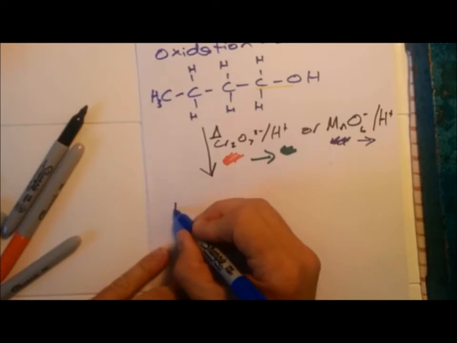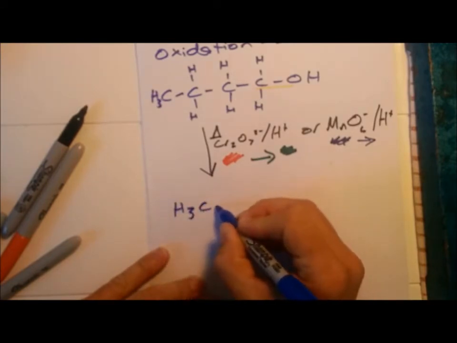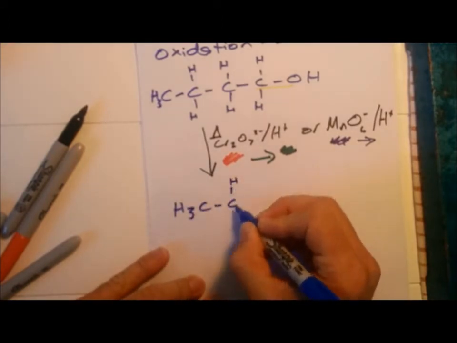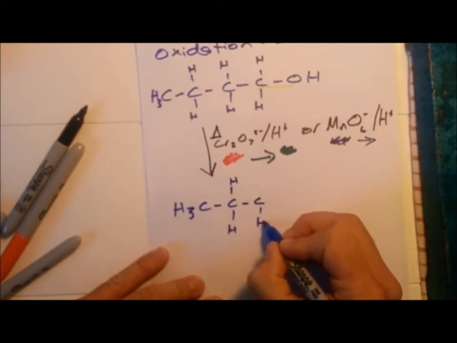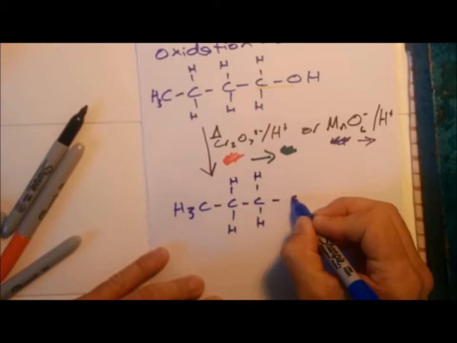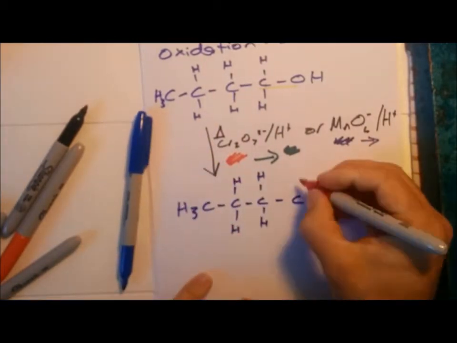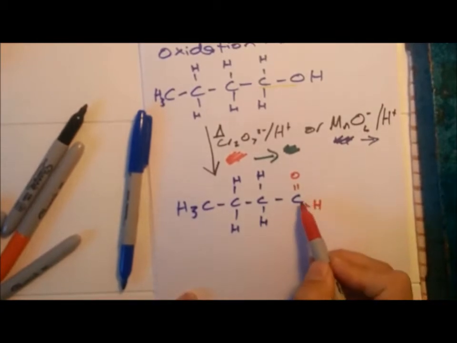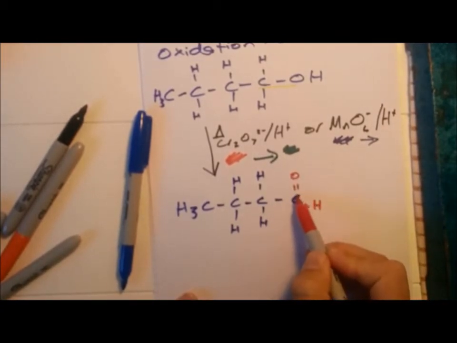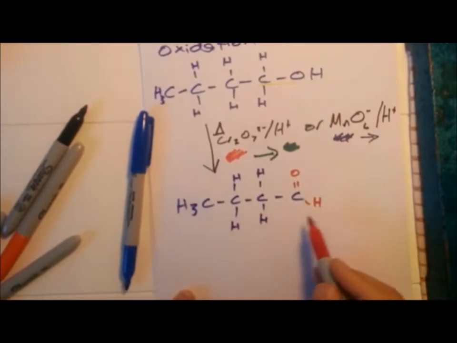So it actually looks like this. So an aldehyde is a carbon with a double bonded O and an H on the end of a chain.